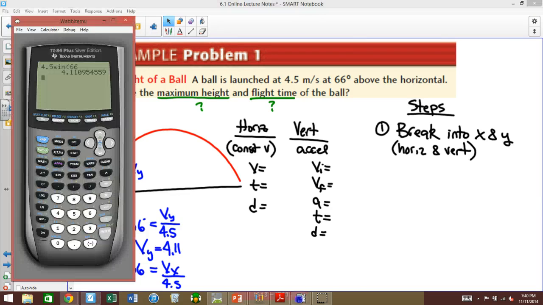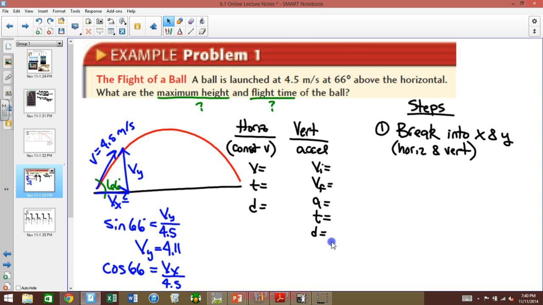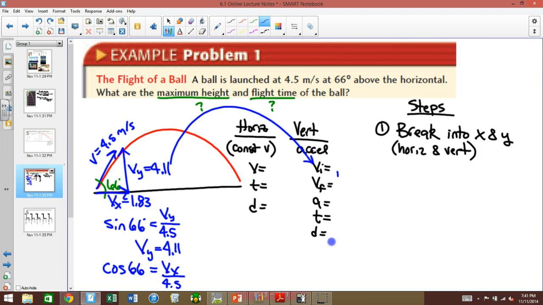So 4.5 times cosine 66. And I get 1.83. So the velocity in the x is 1.83. The velocity in the y is 4.11. This y is the vertical initial velocity. This x is the horizontal velocity.